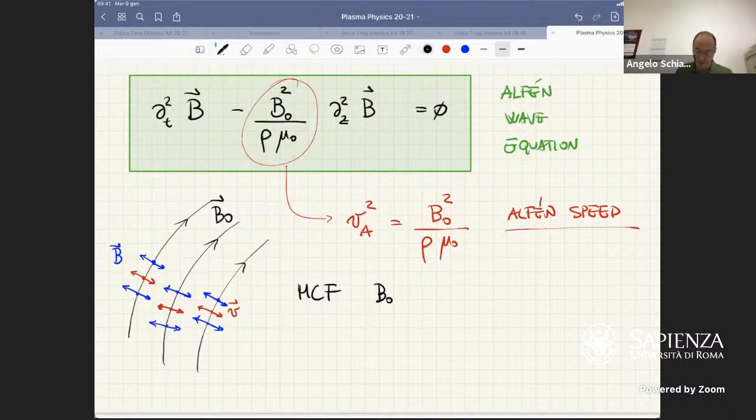In this case, to make it simple, let's suppose a very large magnetic field, like 8 Tesla. The reference density is 10 to the 20 particles per cubic meter, sorry, not per cubic centimeter. And let's suppose a fully ionized hydrogen plasma.